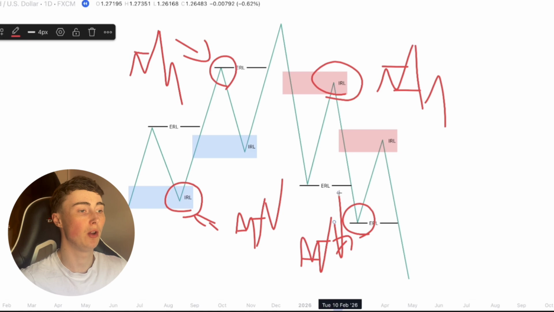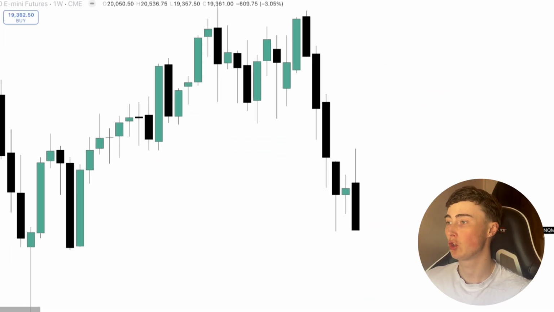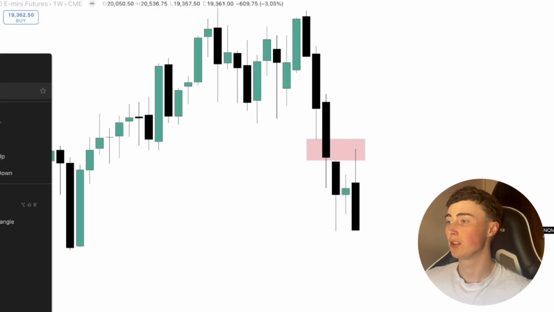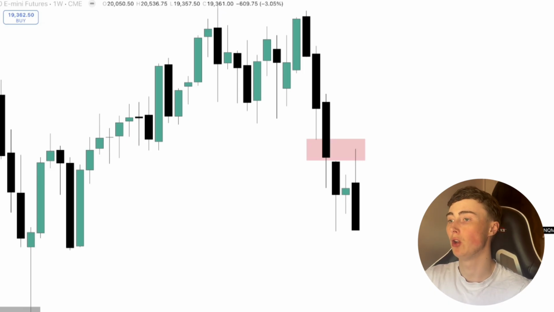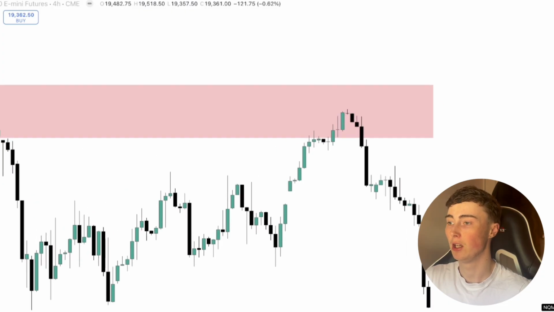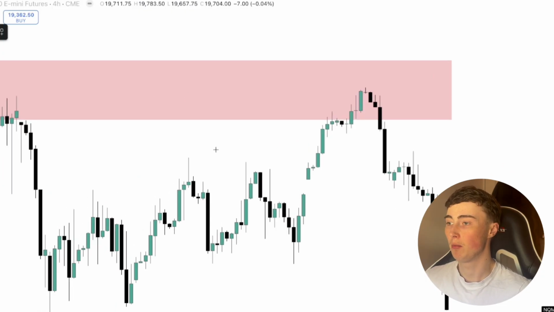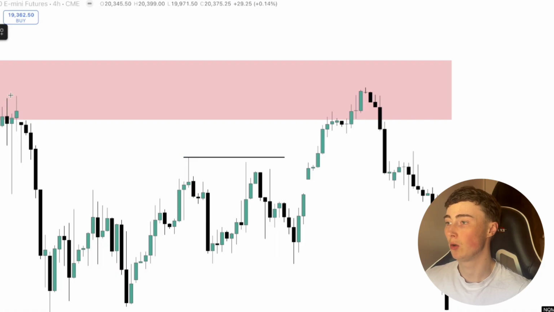which then continued higher. For instance, here on NAS, price retraced into this bearish FVG, and then moved to the downside. What does this high up here look like when we break it down on the lower time frames? Well, if we go onto the 4 hour, you can see very clearly price swept this liquidity here. We took out this liquidity here, and we took out this liquidity.